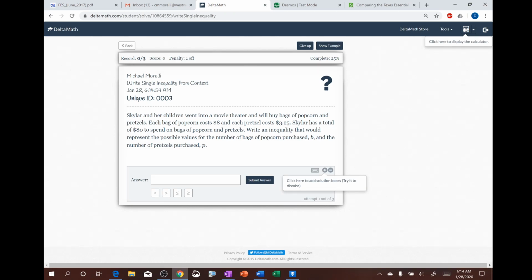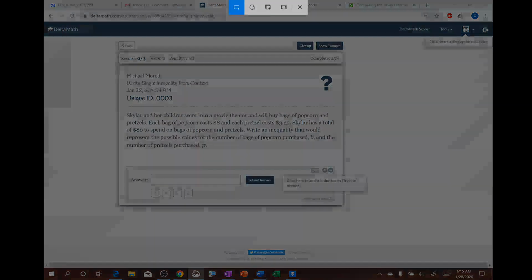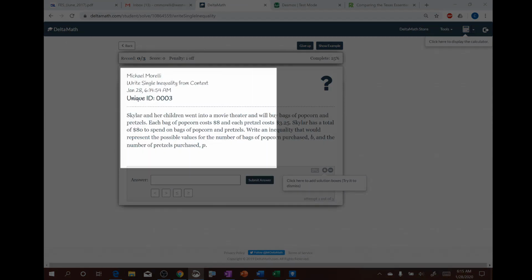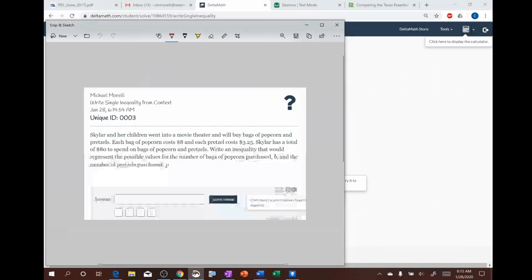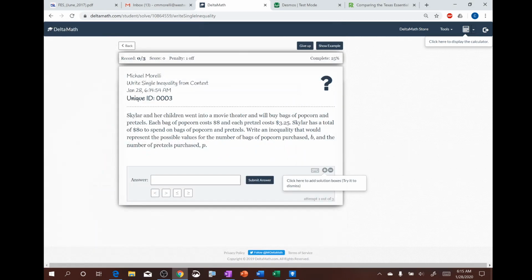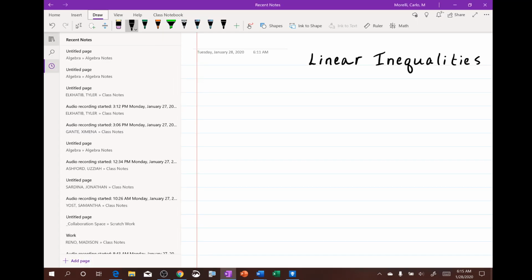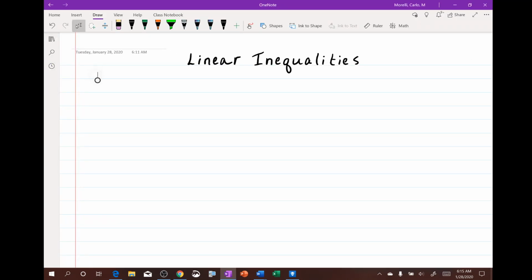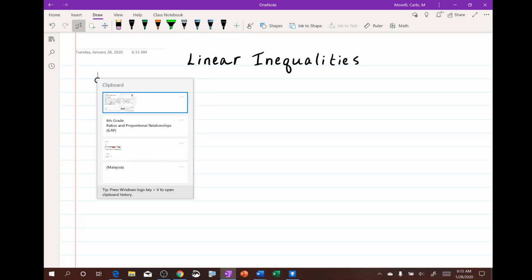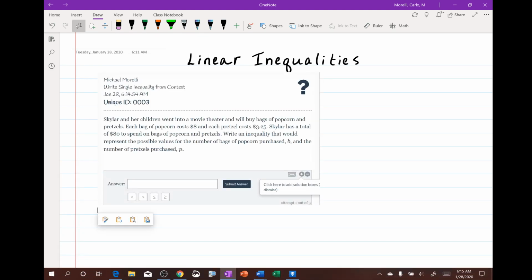Okay, so with these word problems, we need to analyze them a little bit. Let me grab this and throw it into OneNote. All right, so Skylar and her children went to a movie theater and will buy bags of popcorn and pretzels.